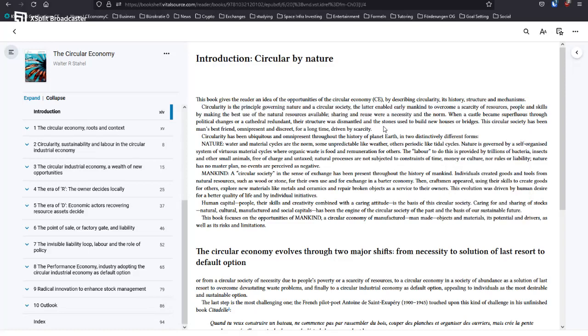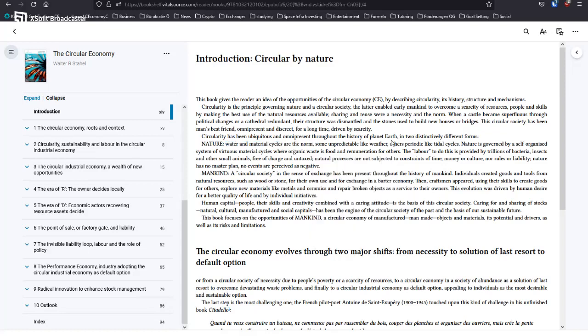Now, how are those two distinctively different forms of circularity described? For example, nature. In nature, there are water and material cycles, which are the norm.